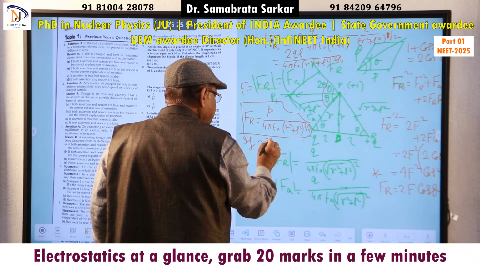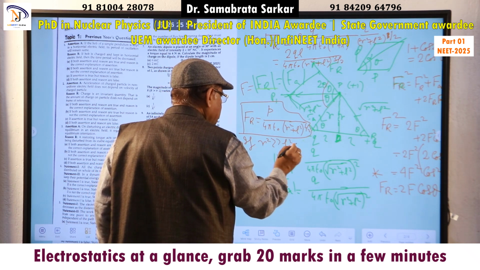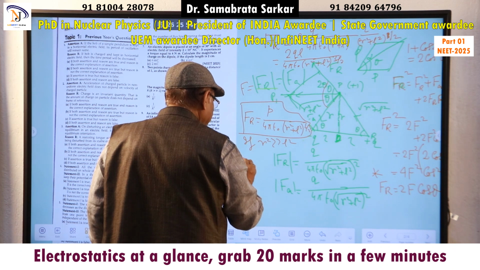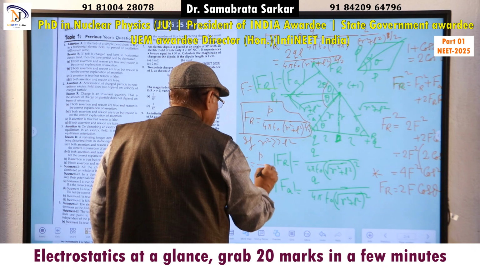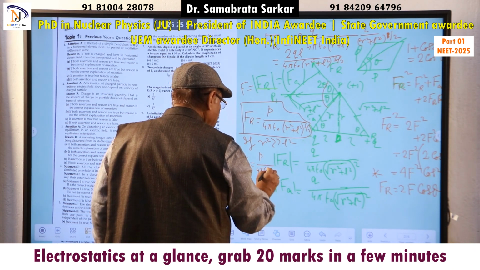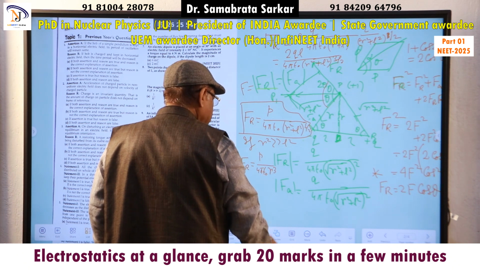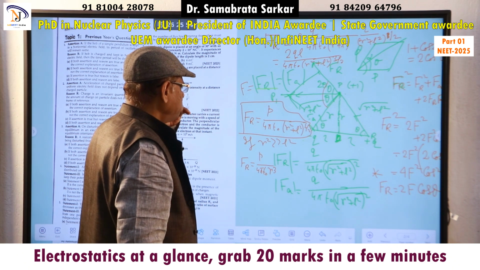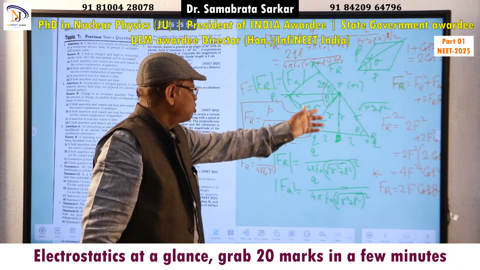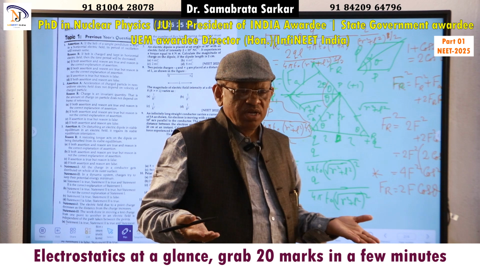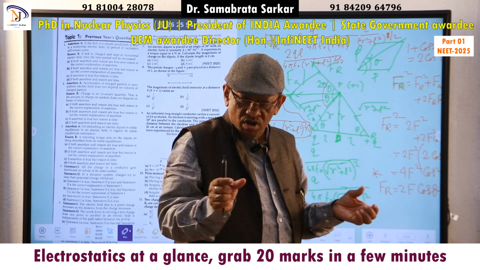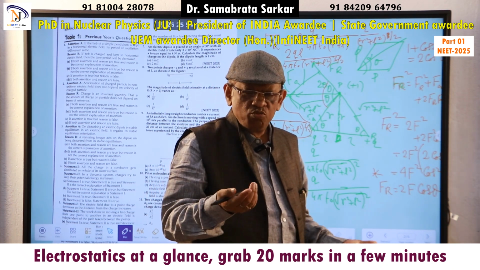And if r squared is very much greater than L squared, what can you write? F_R will be P by 4 pi epsilon naught r to the power 3. In case of broadside position, this is only P. In case of end position, for a small dipole, it is twice P by.